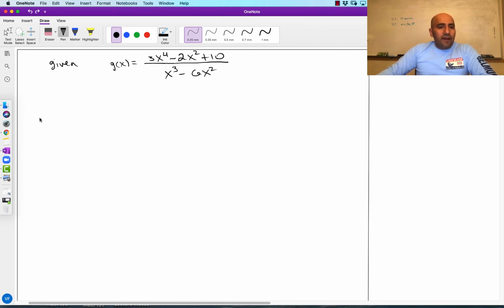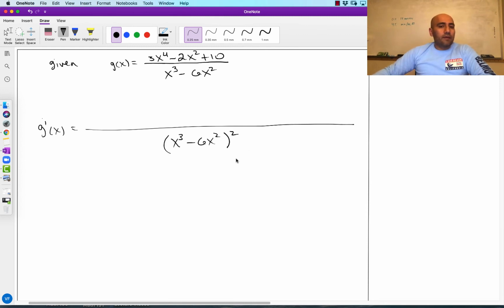Okay, so now let's find the derivative using the quotient rule. That means that g prime of x is going to be equal to this big fraction. The bottom part's easy. That's going to be x cubed minus 6x squared, squared.